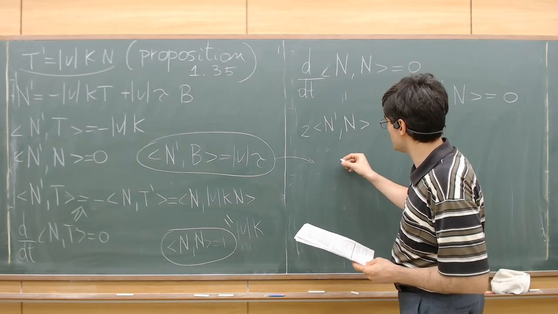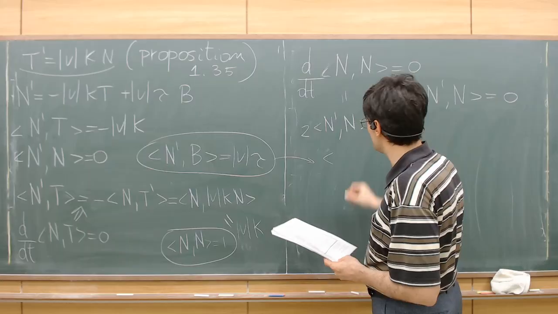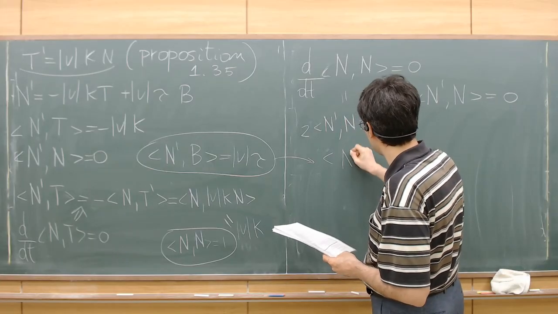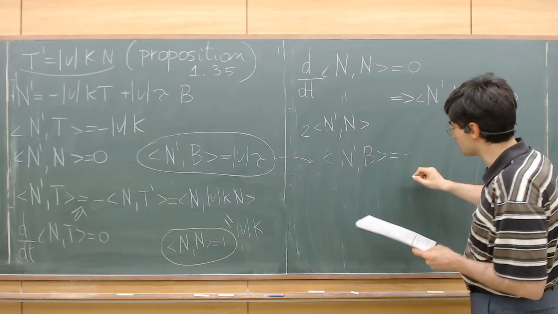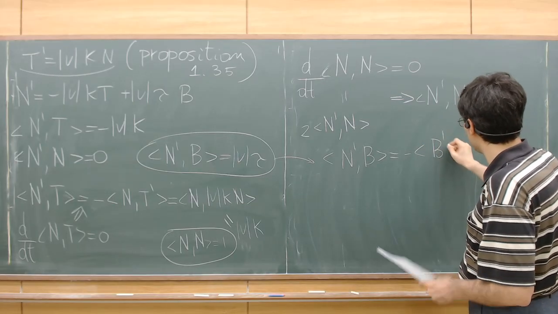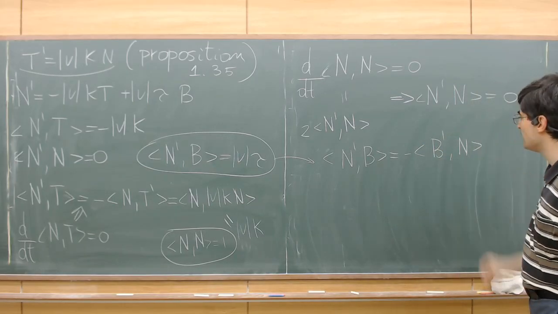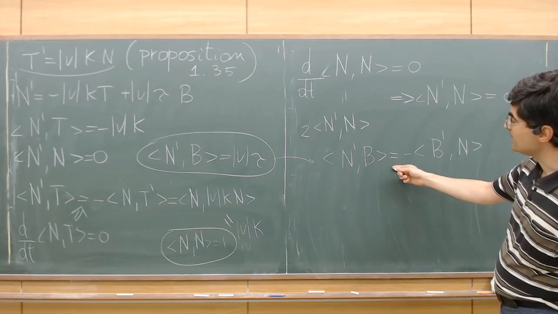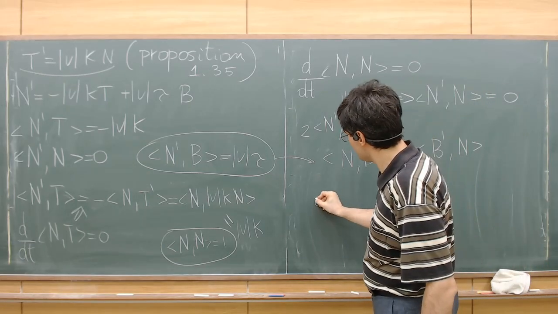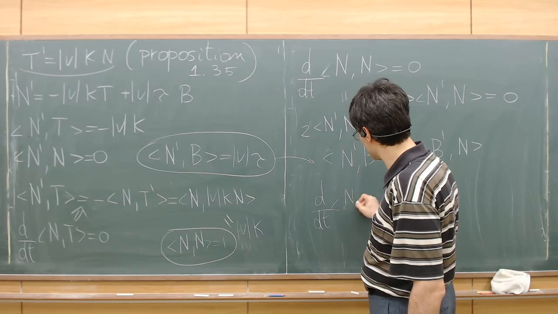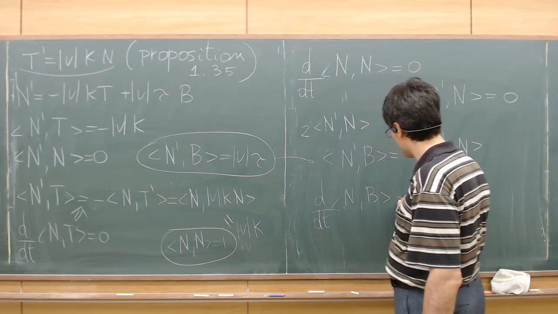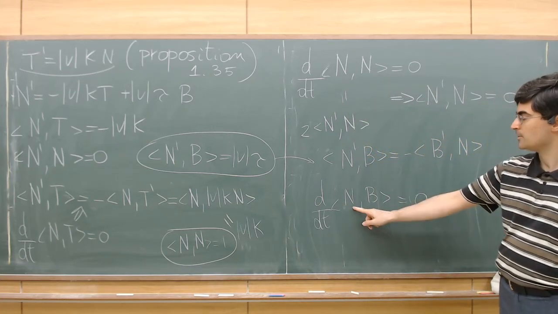Now what about the last one? This follows from the fact that n prime b is equal to minus b prime n. The reason why this identity is true is that d/dt of n times b is 0 because n and b are orthogonal.